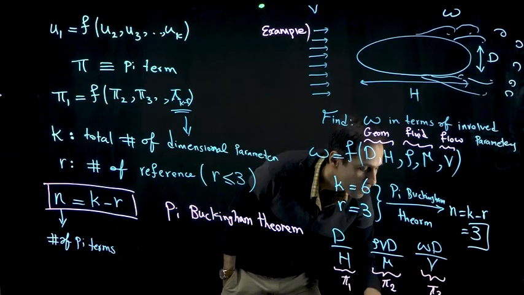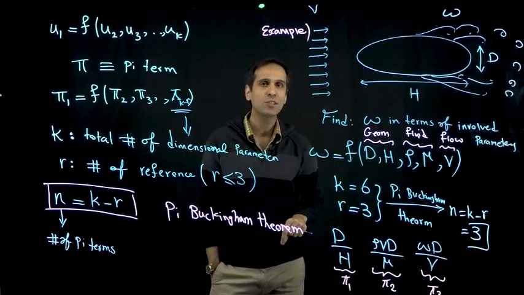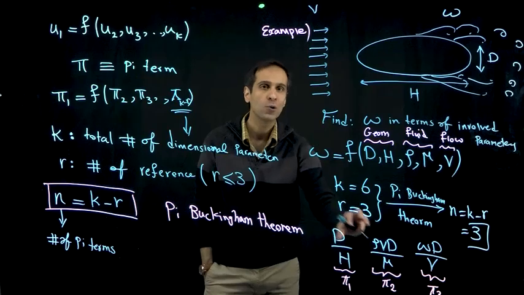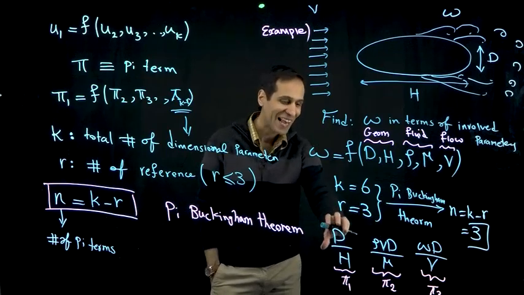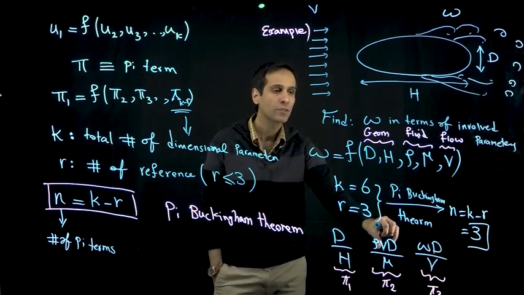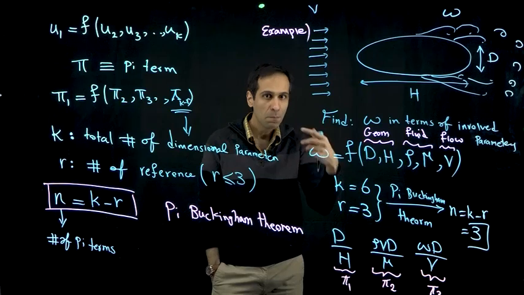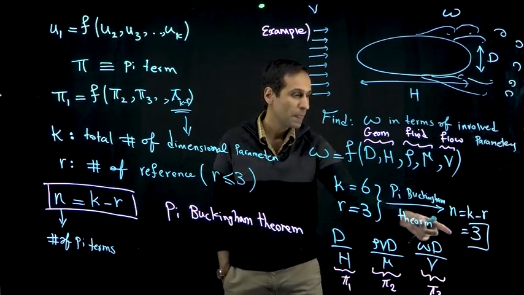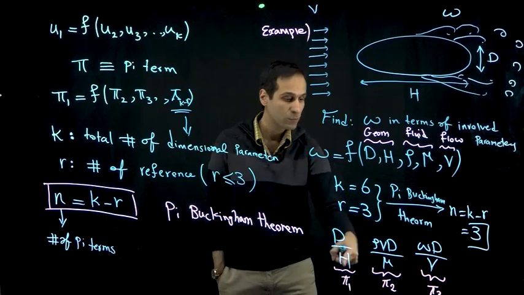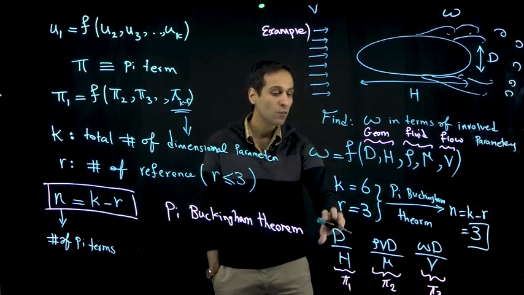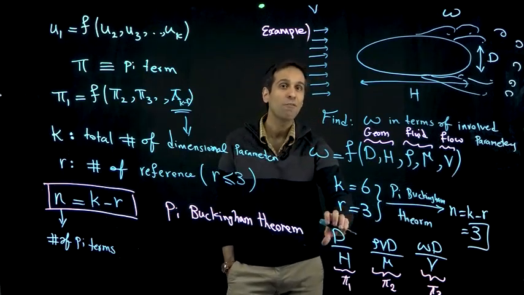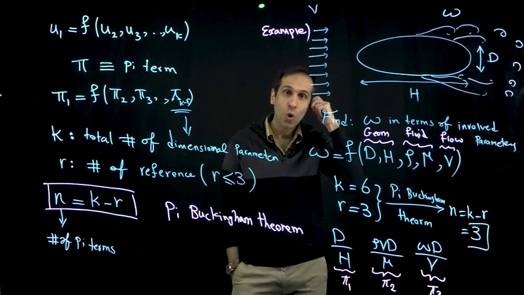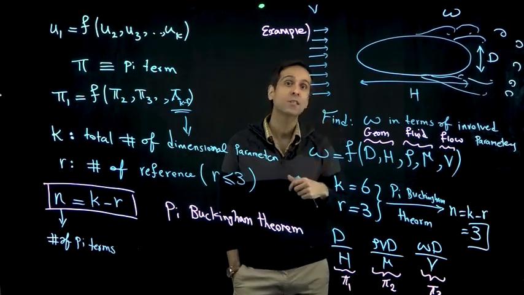It's a Strouhal number. Again, it's not the purpose of this class to tell you how you can generate or extract these pi terms from the given problem. But two things I want to mention. First of all, the number of pi terms is 3. Second of all, when you generate some pi terms, some familiar ones appear. And those familiar ones are based on the physics of the problem.